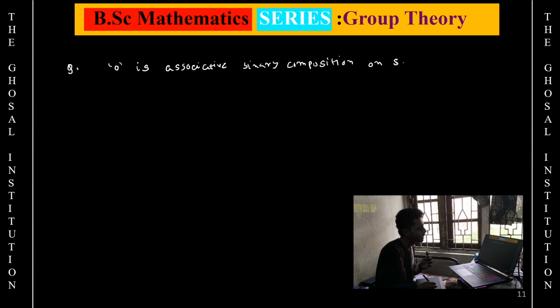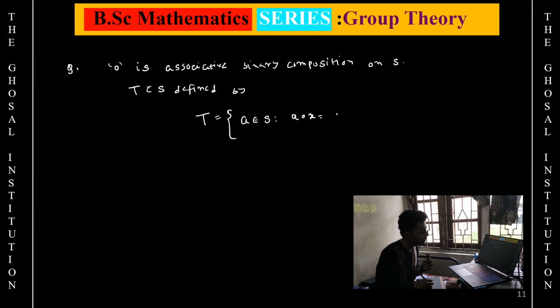The question says this composition is an associative binary composition on the set S. We define T, a subset of S, as those elements A of S such that A compose X and X compose A are equal for all X in S.